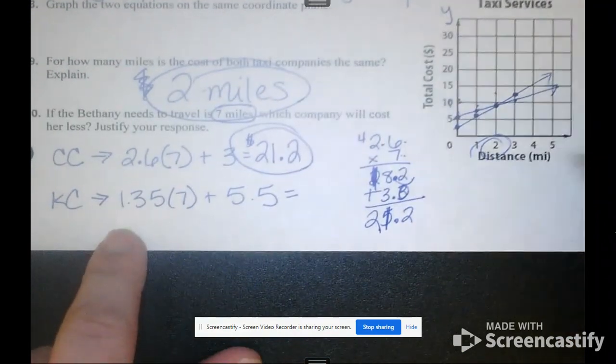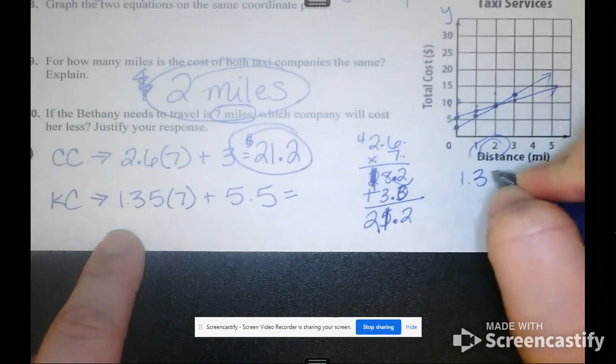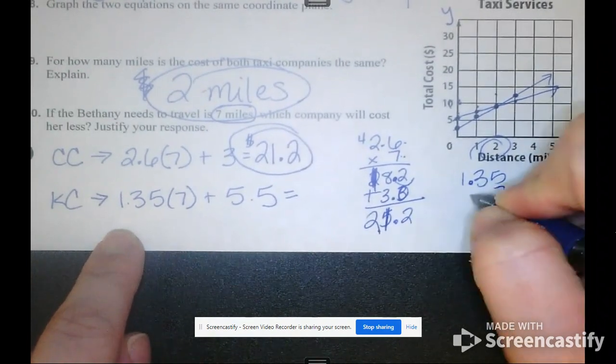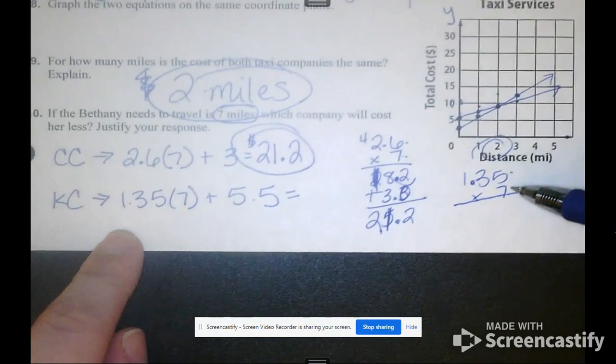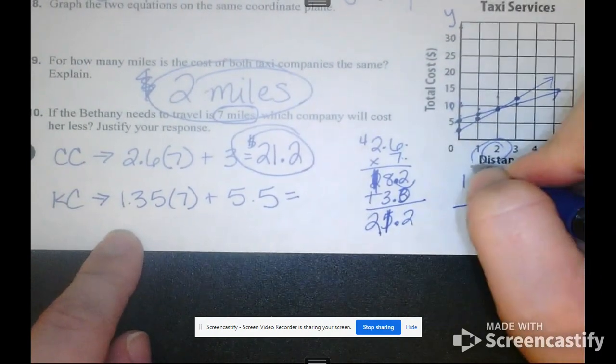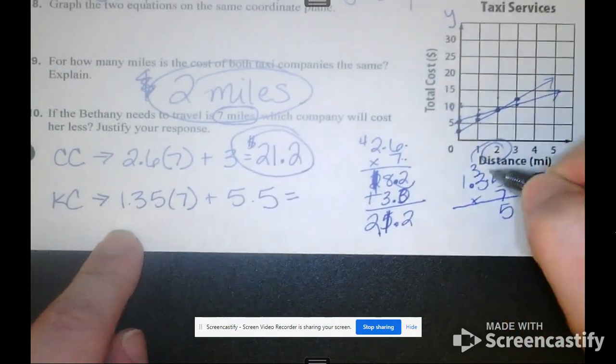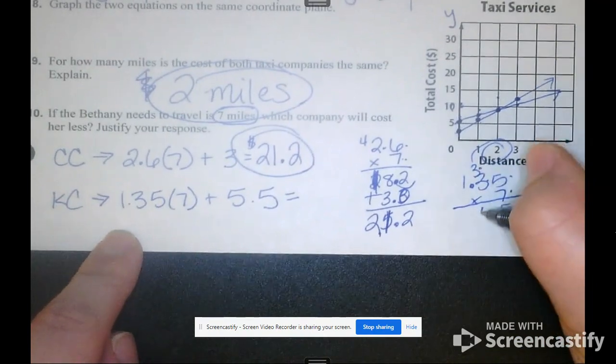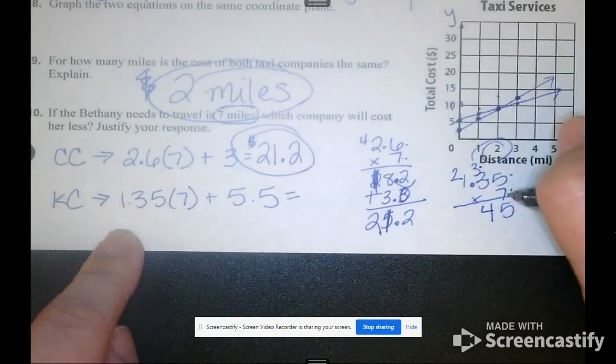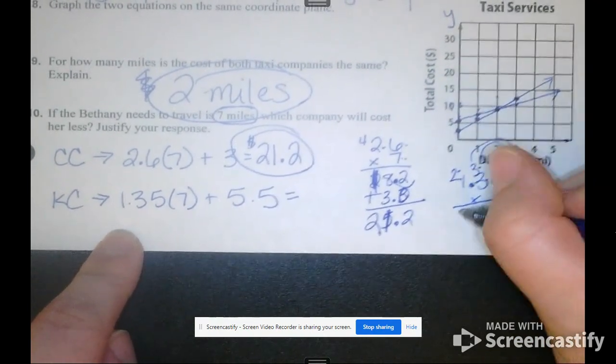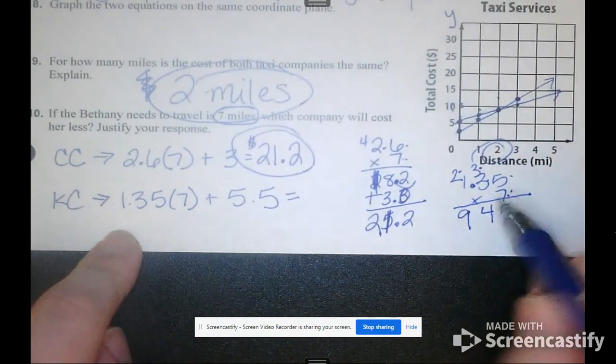Okay. 135 times 7. Let's see if Miss Scroggs makes a mistake right here. 5 times 7 is 35. 7 times 3, 21 plus 3, 24. 7 times 1 is 7 plus 2 is 9. Okay.